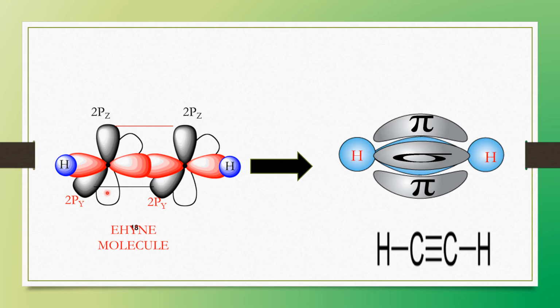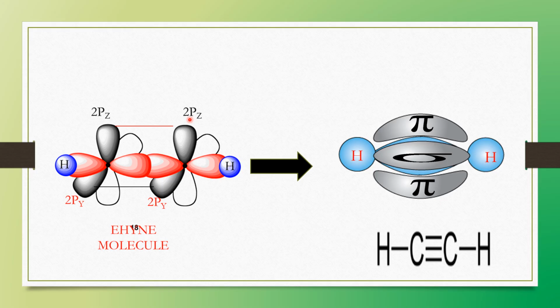Next, the 2py orbital of one carbon and the 2py orbital of the other carbon overlap parallelly and a pi bond is formed. Look here, the 2pz orbital of one carbon and the 2pz orbital of the other carbon overlap parallelly. So another pi bond is formed.